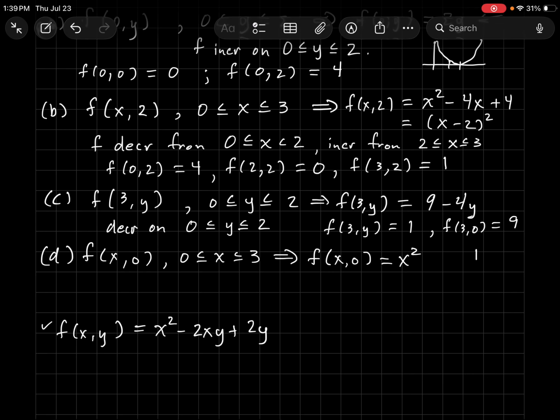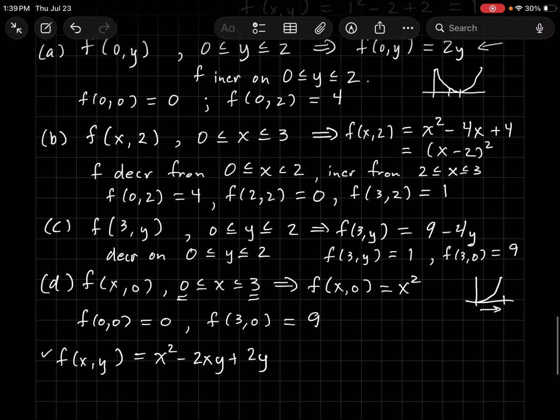So y equals x squared. If I draw that, I'm on 0 to 3. I'm strictly increasing, so I don't need to worry about any intermediate points here to here. I only need to check when x equals 0 and x equals 3. So I need to find f of 0, 0, which I already know. We did that already. And I need to find f of 3, 0, which I already know is 9.